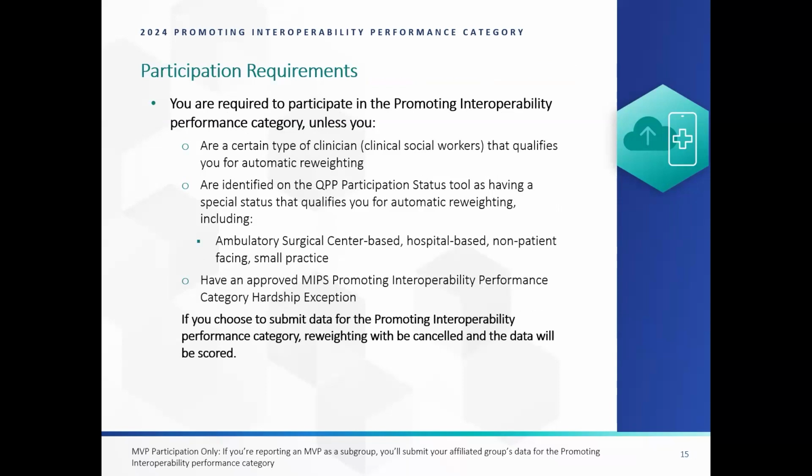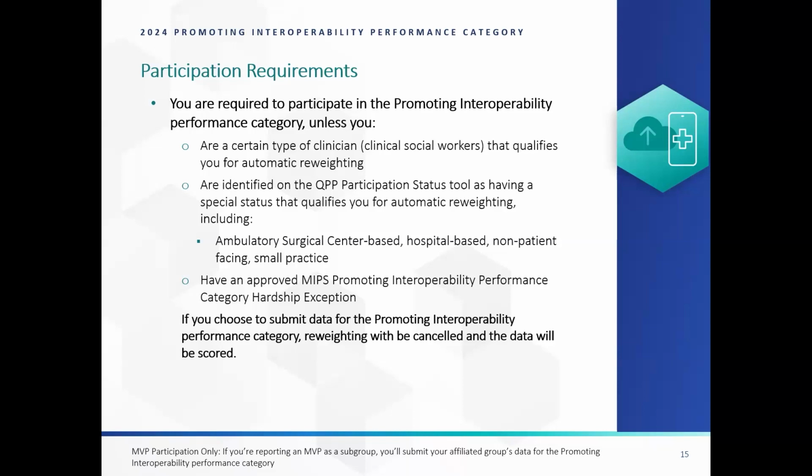Okay, so we talked about how you submit your data unless you're a certain type, and the only type now is the clinical social workers, as I mentioned. If you are one of these other types, like ambulatory surgical center-based or hospital-based or non-patient facing or small practice, and we define small practices as being 15 or fewer clinicians, or you have an approved hardship exception, so that means that you took the action to submit an application and it was approved, for all these types, you are automatically reweighted.